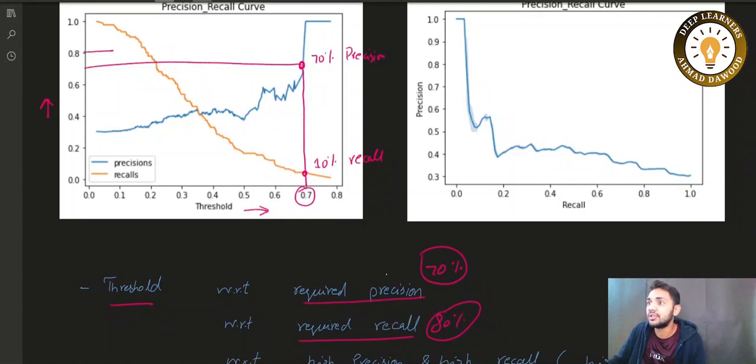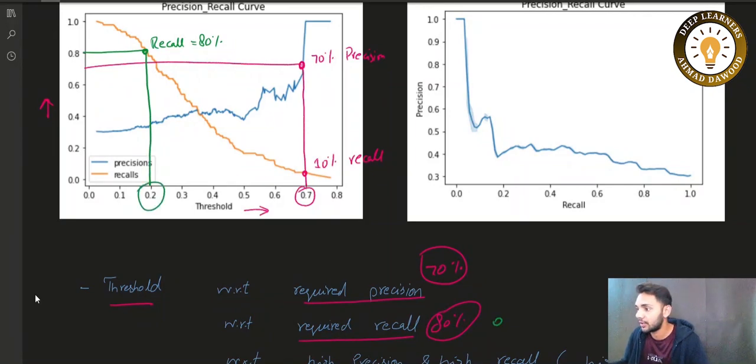If I change the color here, you can go from here from 80%. Here your recall is 80%, and you will see what threshold is here. 0.2.